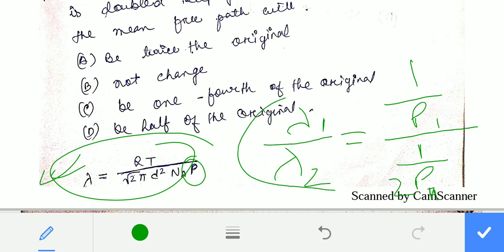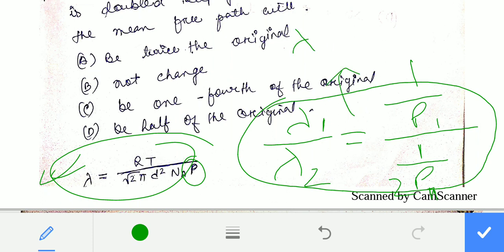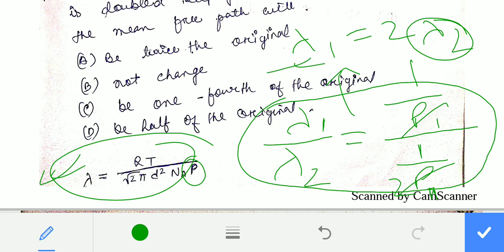Now if you solve this, you will get that lambda 1 is equal to 2 lambda 2, because p1 will be cancelled out, and lambda 2 will be half of lambda 1.